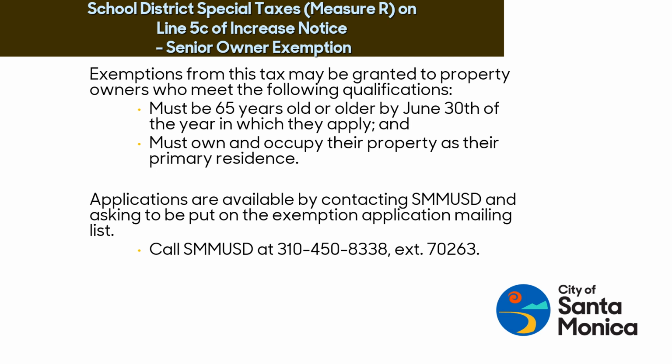One of these exemptions is the school district special tax or Measure R on line 5C of the increase notice. If you don't see this tax on your bill, then you have an exemption. An owner who is senior and lives on the property can apply for this exemption of the tax. Please call the number listed on the slide for an application.